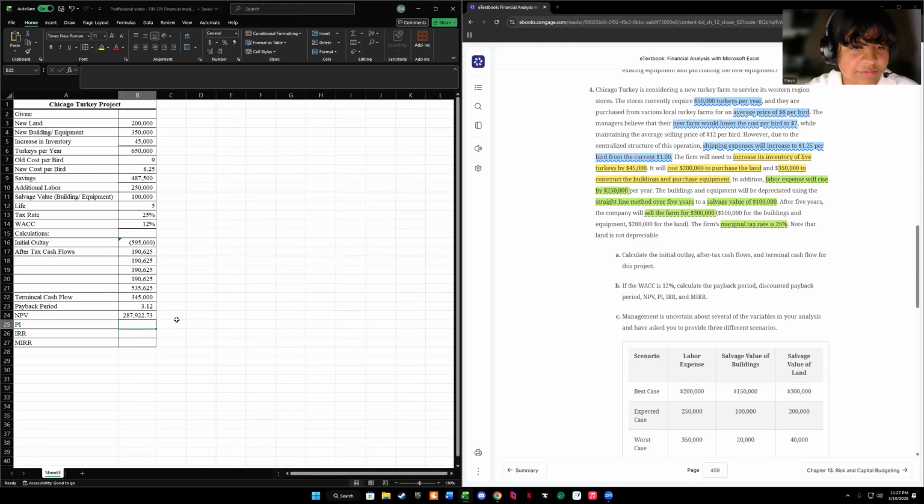So this will give you your NPV. I see it's positive, 287,000. That's good. If it's positive, that means you want to take on that investment.